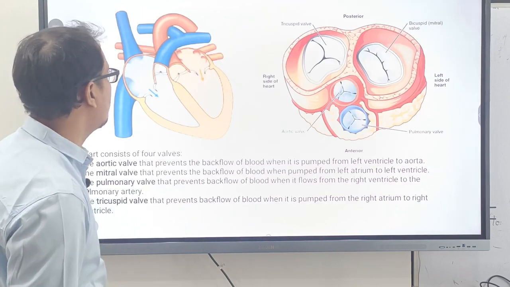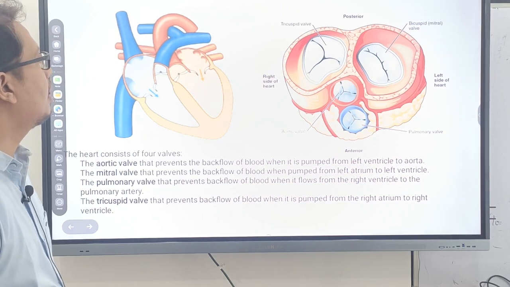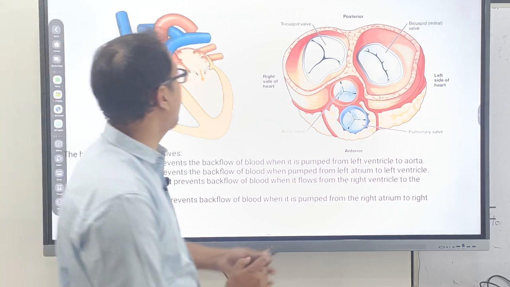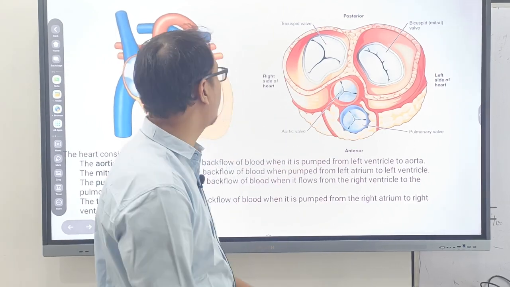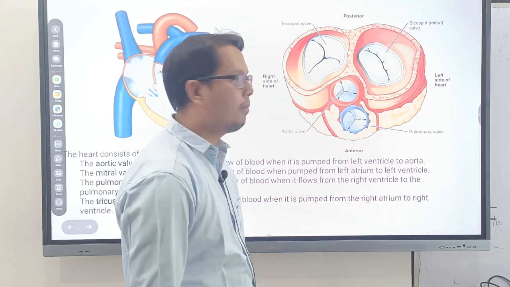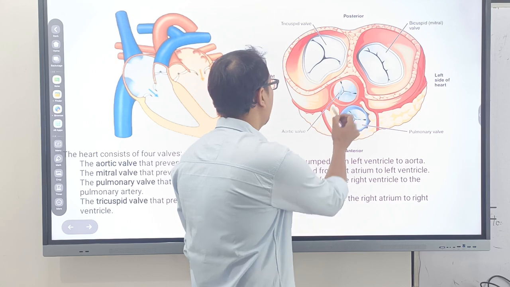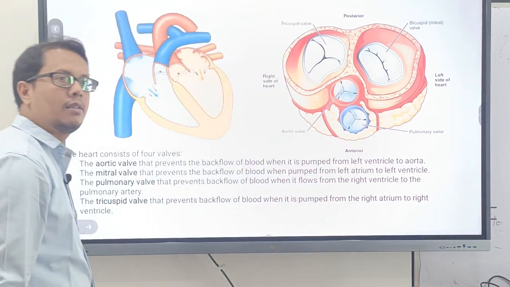Okay, next we will see the function of the different valves, or how the valves look. So these are the various views of the valve. We have studied four valves so far: the tricuspid valve, the bicuspid valve or mitral valve, the pulmonary valve, and the aortic valve. So these are the various views of the valves.